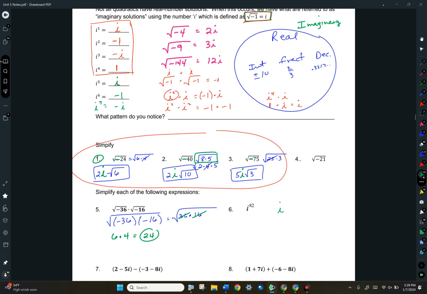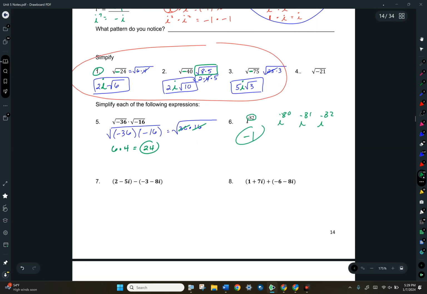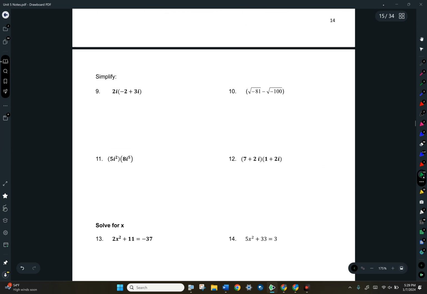That's going to get you to the i to the 80, but then you have 81 and 82. So basically, if you come up here, here's my 1 through 4, my 5 through 8, my 9 through 12, and I keep going, and I'm going to end up with through i to the 80th. So here's going to be 81 and 82. So this is just going to equal -1. So really, it's just all about this number being divisible by 4, and then what are you going to have for the leftovers?